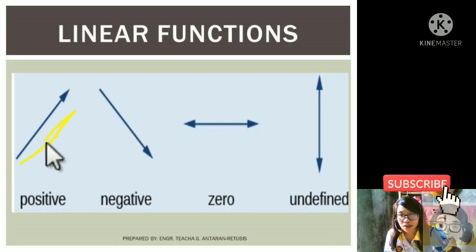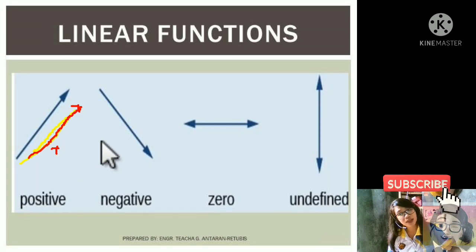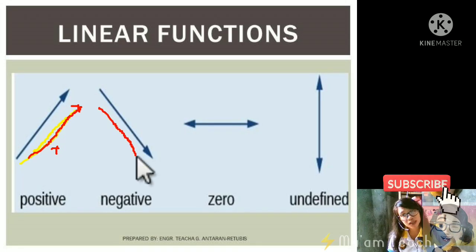Let's use a bolder color, let's use red. See, it is inclined to the right. So that means it is positive. But if it is inclined to the left, it is sleeping on the left, it is negative.